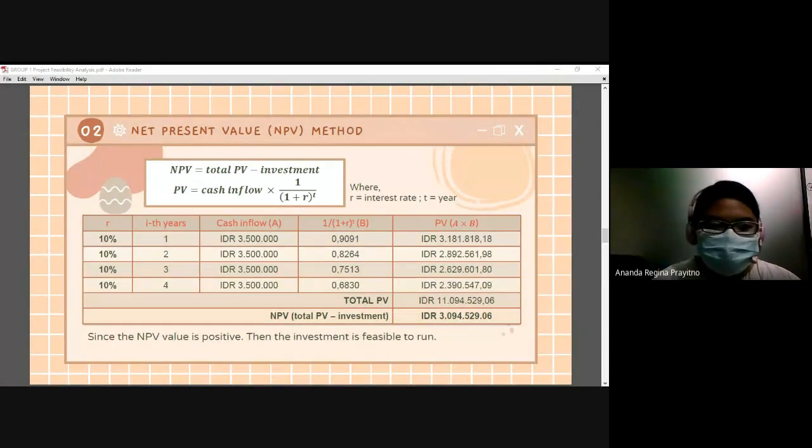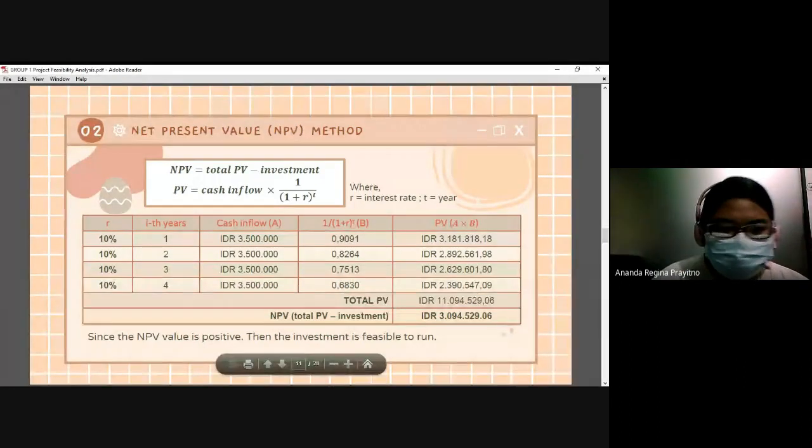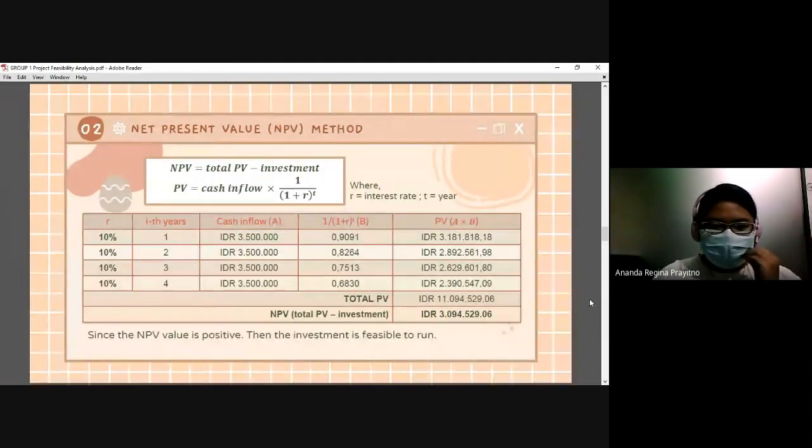Now, the next method is the net present value or NPV method. The formula is the same as before. Now, we calculate as shown in the table.